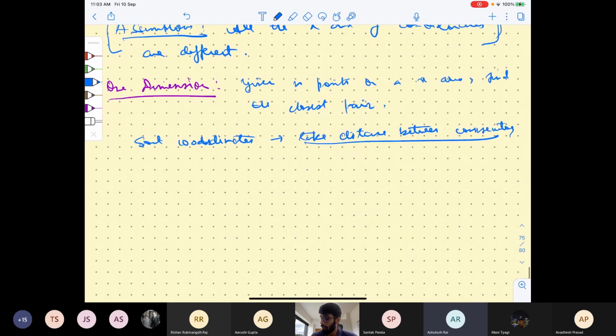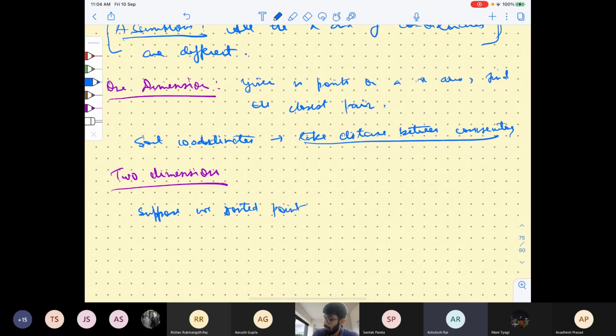Now we don't want to spend n square time, and in two dimensions we want to do something similar. So suppose we sorted the points according to x coordinate. Is it true that the closest points are consecutive in this sorting?